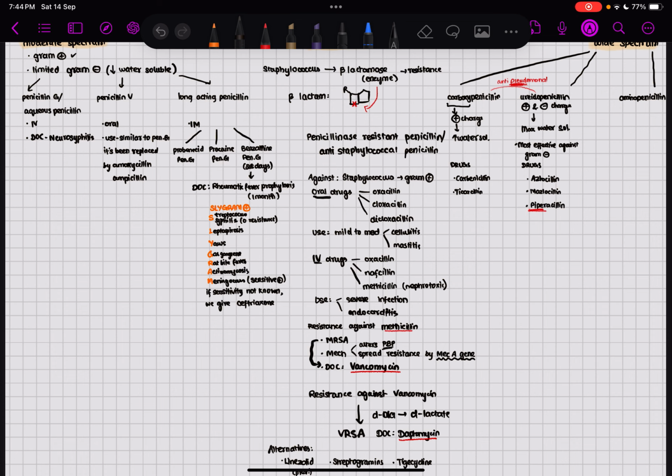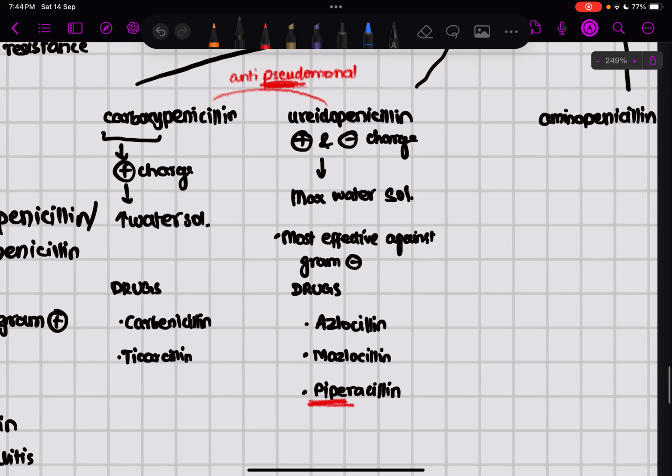Then we have aminopenicillin. Aminopenicillin is negatively charged only. And we have two drugs in it, amoxicillin and ampicillin.